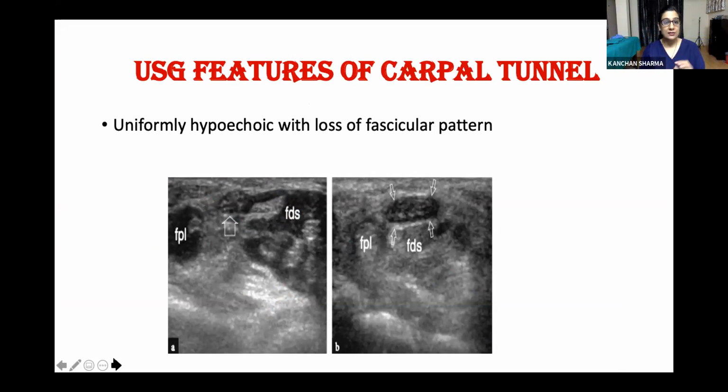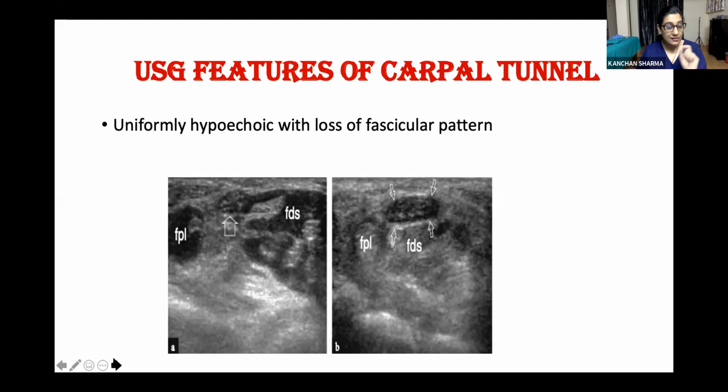What we have seen is, what exactly is the basic thing we have learned? How exactly will the nerve look? The nerve will have a connective tissue covering. And this is for all the nerves, because I will not be taking the sonoanatomy part again, like how the nerve will look if there is a pathology. This will be the same for all the nerves I'll be taking today.